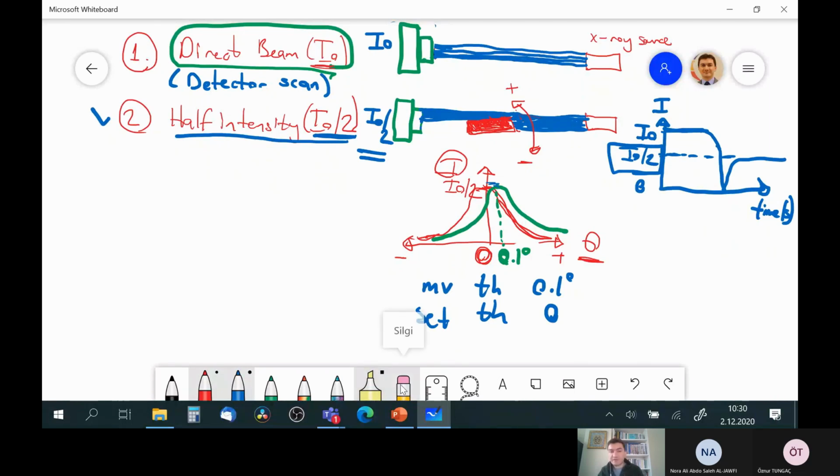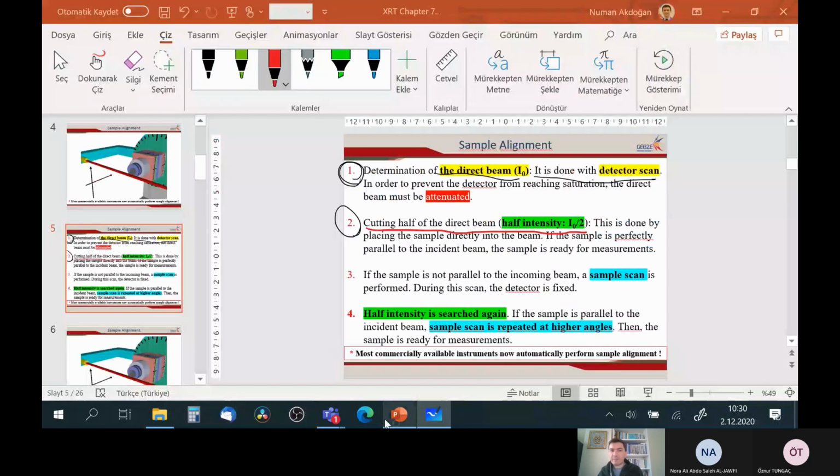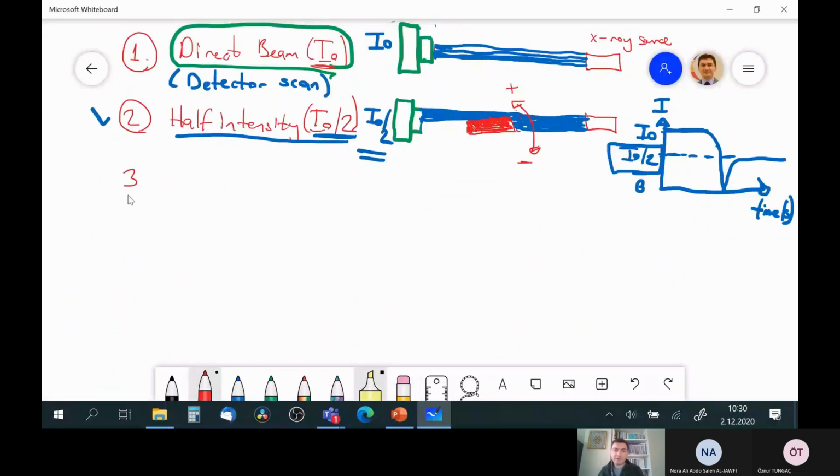But this is not enough. This was the third step. If the sample is not parallel to the incoming beam, a sample scan is performed. So this was the third step, sample scan. We have done the sample scan, and then we realized that the sample is not perfectly parallel to the beam.